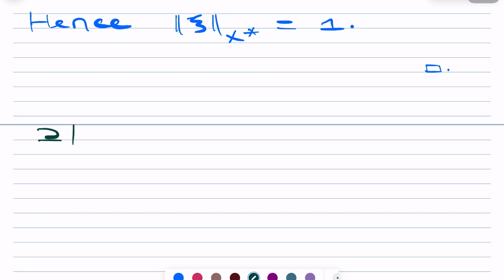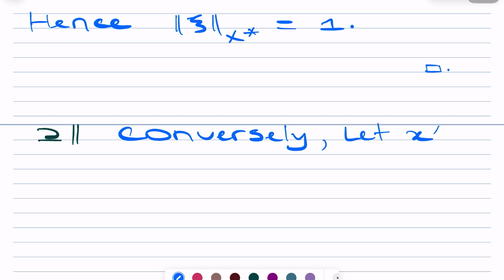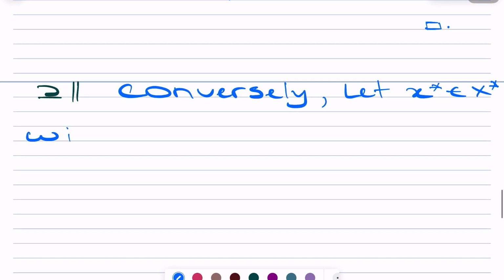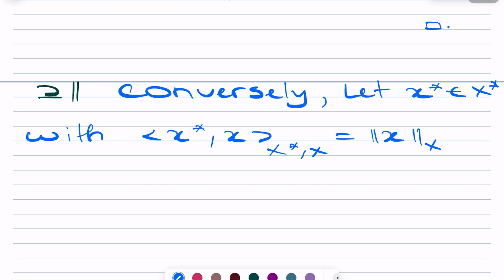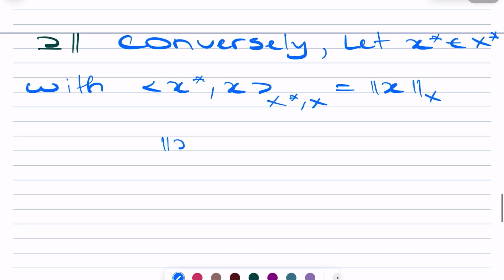Okay, now let's go to the reverse inclusion. So for the reverse inclusion, conversely, let x star be a linear bounded operator such that this duality pairing is equal to the norm of x in x, and that the operator norm of x star is equal to 1.